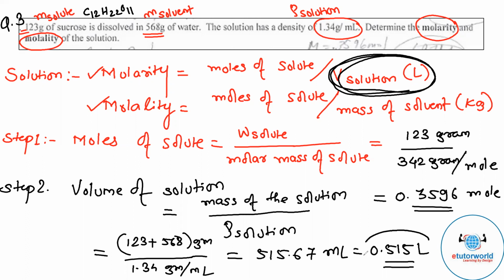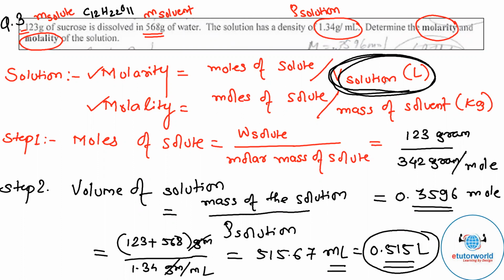So this is your answer. As I mentioned, the units are very important. Here, gram gets cancelled. So the unit will be in ml. Got it, Aditi? Yes, sir. Okay, very good. So remember, moles is 0.3596. The volume of the solution is 0.515 liter.